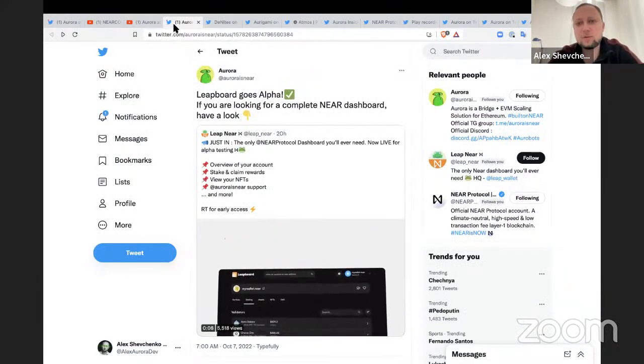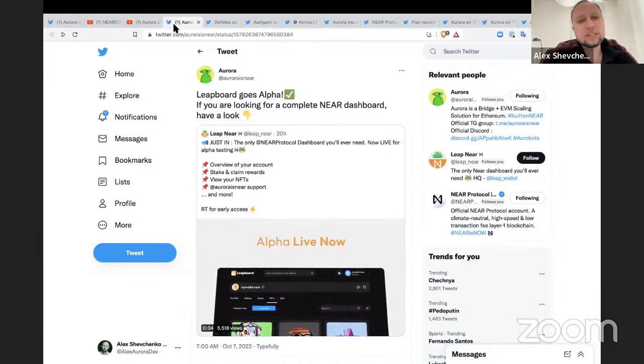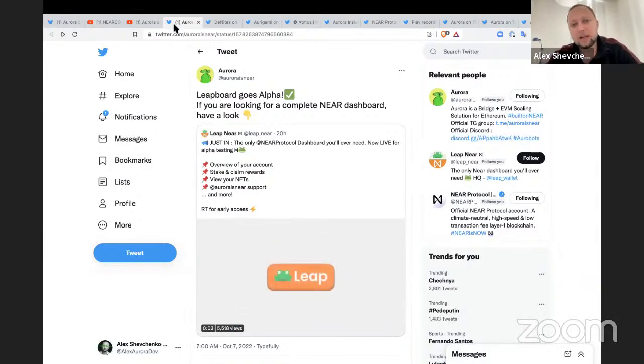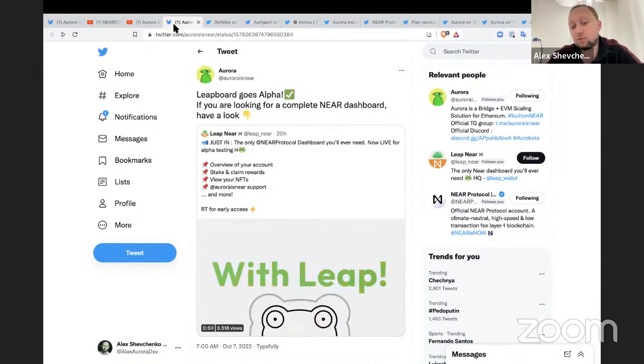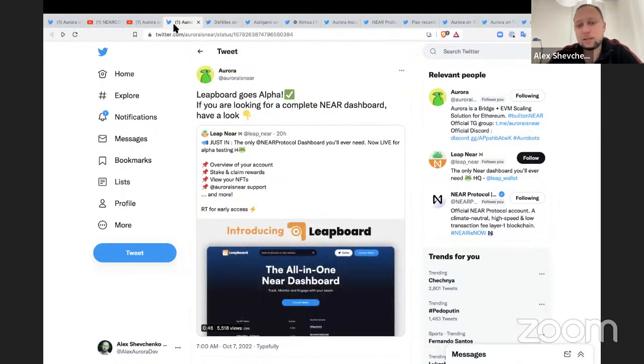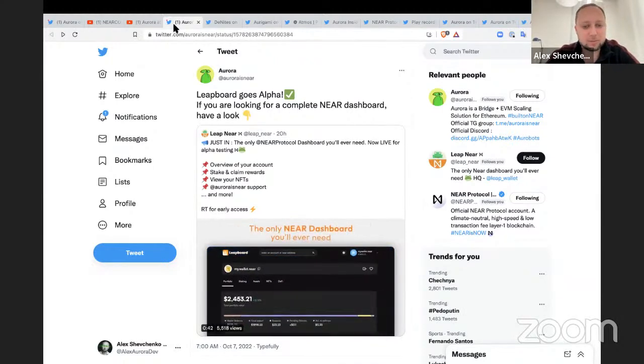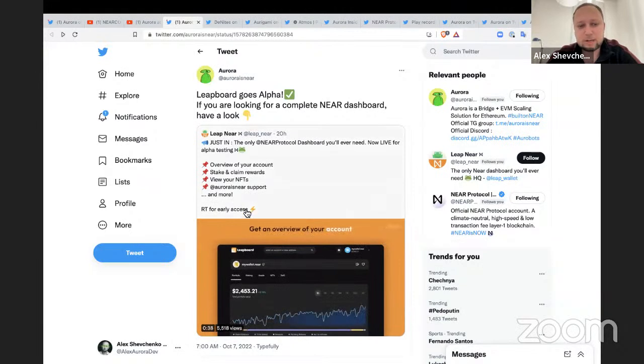And going straight to the updates from the ecosystem and the different integrations that are happening. Leadboard, a solution that allows you to create a dashboard for the Near protocol in general and Aurora in particular, just announced that they are going into their alpha mode. So for everybody who would like to experience their project and check it out, you need to retweet for early access, as Leap is saying.